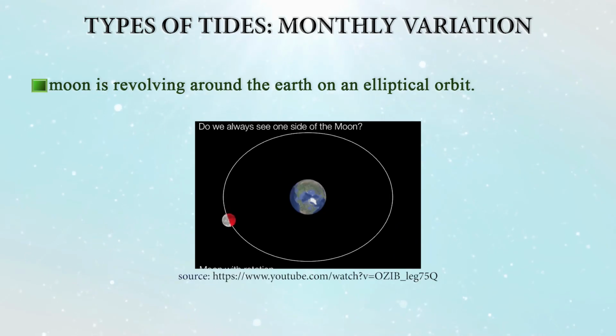Let us continue with the types of tides, starting with monthly variation of tides. As I told you, the moon is revolving around the earth, and its orbit is not exactly circular, it is an elliptical orbit. An elliptical orbit has one major axis and one minor axis because its radius is not uniform.